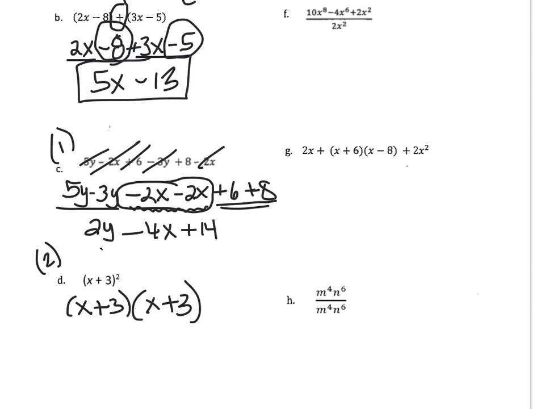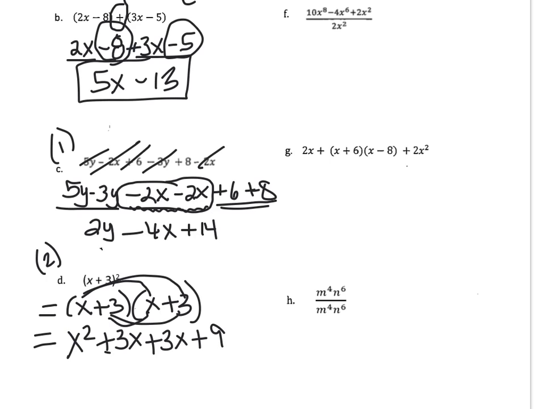This is really two binomials being multiplied, so you must double distribute. First, we do x times x, which is x squared. Then we do x times 3, which is 3x. Then we do 3 times x, which is 3x. And 3 times 3, which is 9. Combining your two like terms in the middle, you get a final answer of x squared plus 3x plus 3x is 6x plus 9.